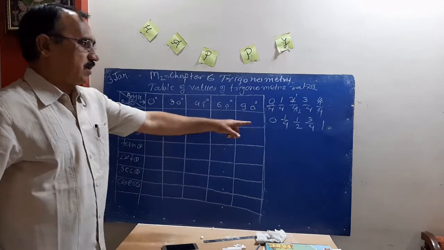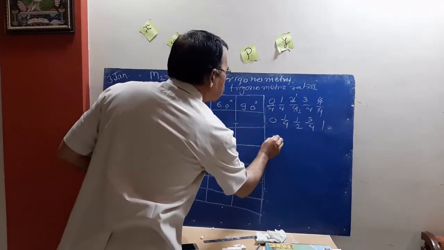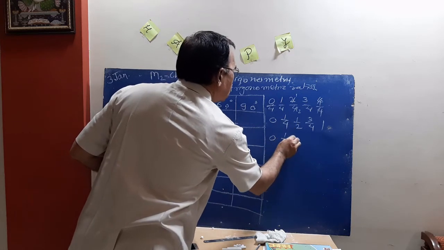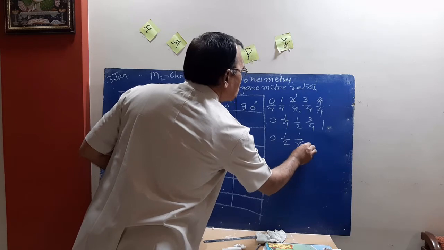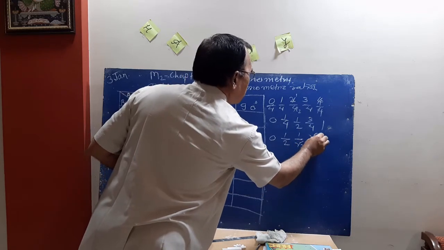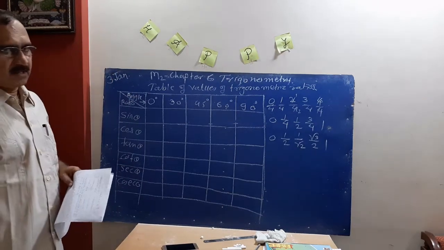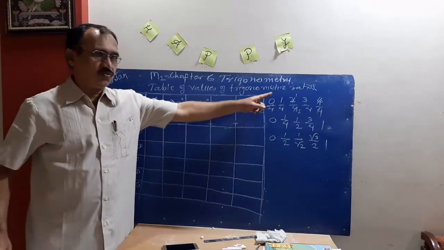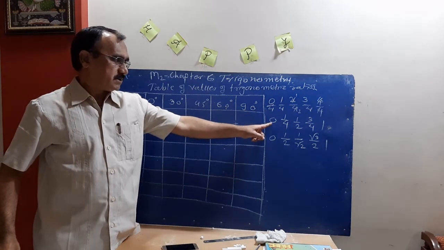Then take square root of these 5 numbers. Root of 0 is 0, root of 1 is 1, root of 4 is 2, root of 1 is 1, root 2, 3 is not a perfect square, 4 is a perfect square and root of 1 is 1. First take 0 to 4, divide each number by 4, then this is simplification.